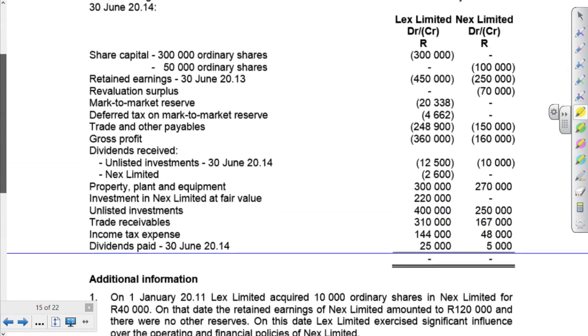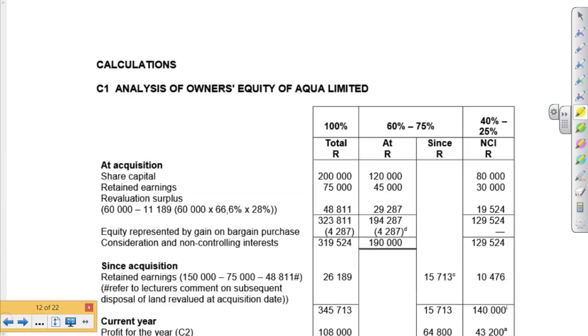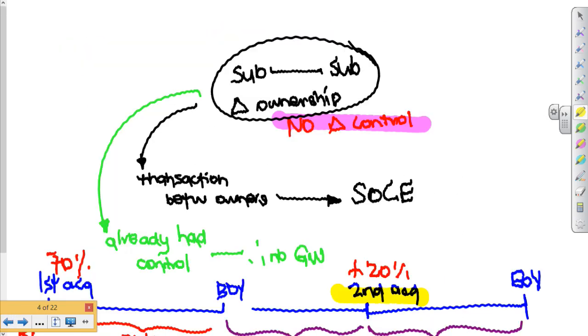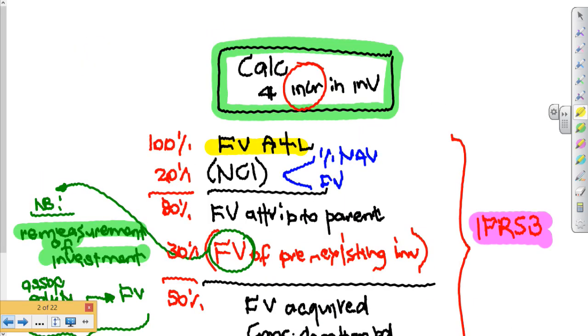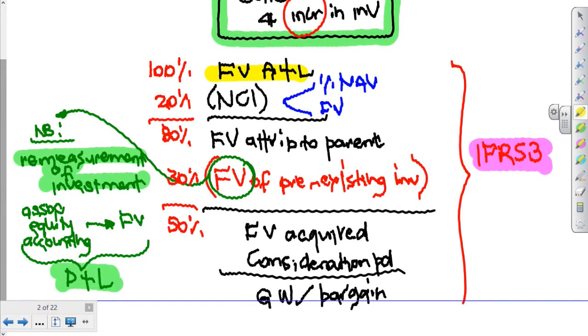The reason I want you to practice it is that you're going to follow the same principles that we just followed. This question is one of these, where I have an associate that becomes a subsidiary. So your calculation is going to look like that initially, your first one.